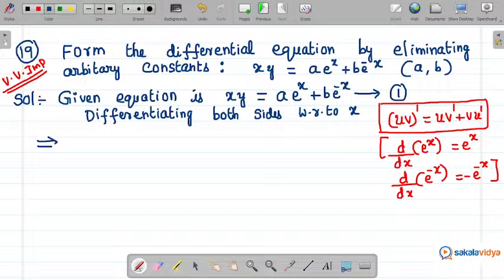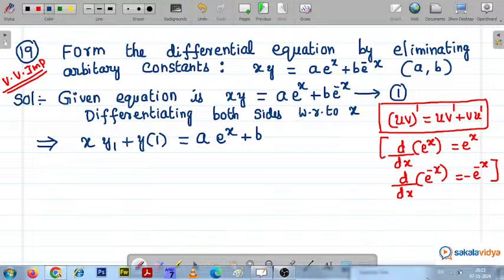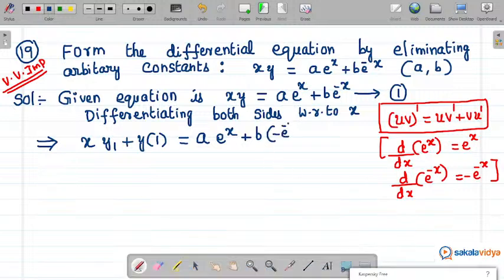So let us try to solve it now. This implies we get xy by the UV method: x into the derivative of y, which is y1, plus y into the derivative of x, which is 1, equal to a into the derivative of e power x, which is e power x, plus b into the derivative of e power minus x, which is minus e power minus x.